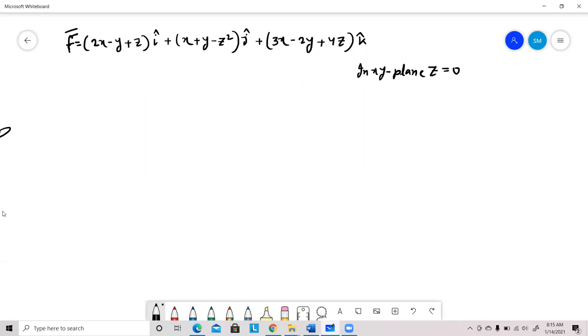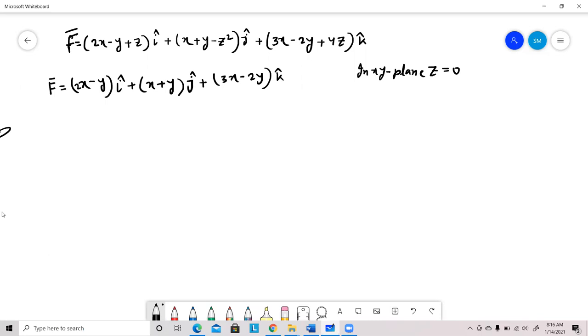Then the force field will be reduced to (2x minus y) i plus (x plus y) j plus (3x minus 2y) k. So in the xy plane, F will be reduced to this.